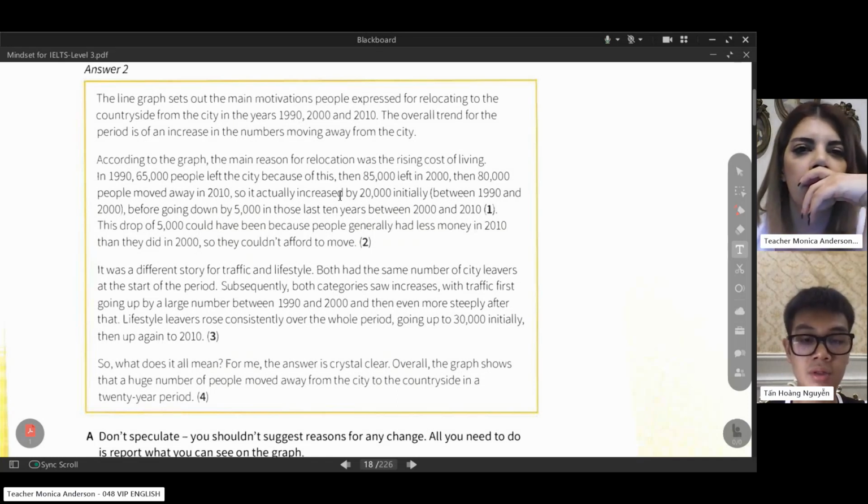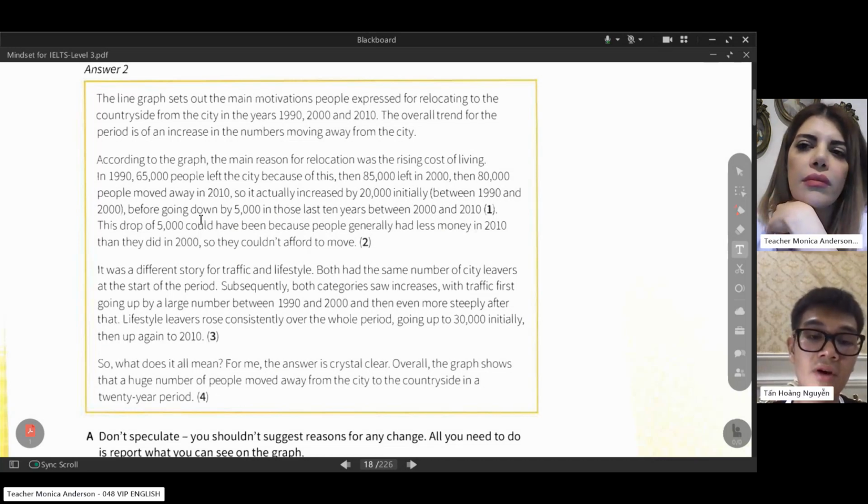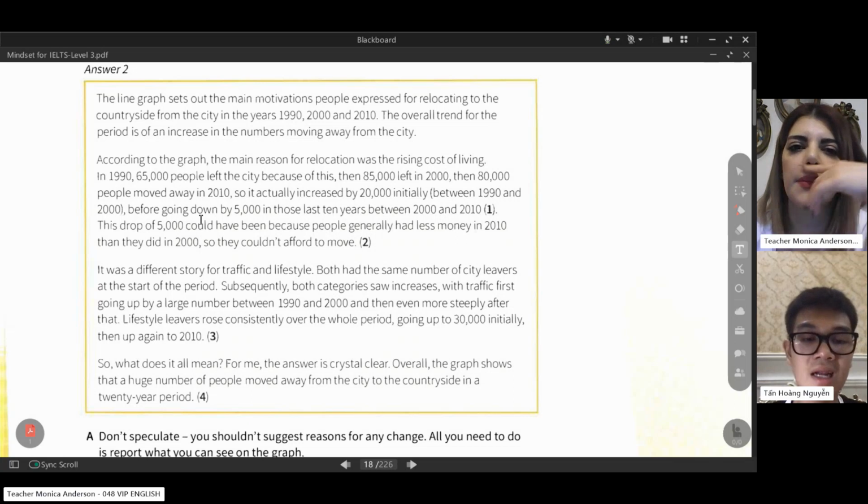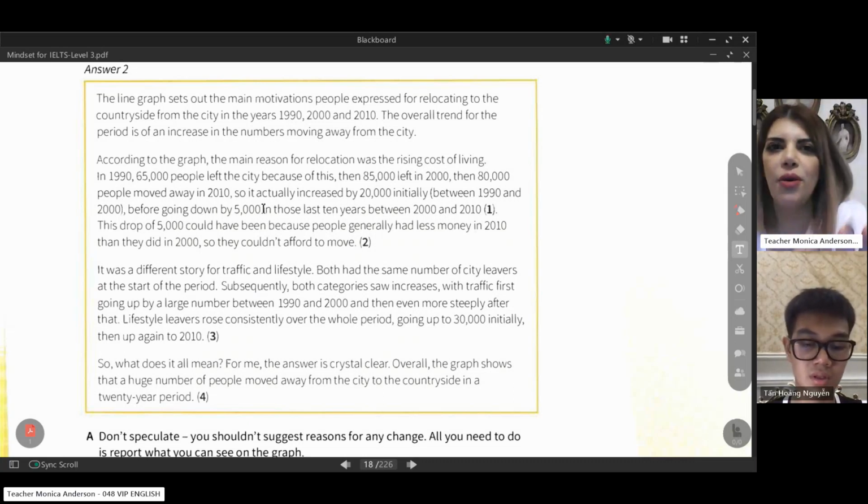So it actually increased by 20,000 initially between 1990 and 2000, before going down by 5,000 in those last 10 years between 2000 and 2010.